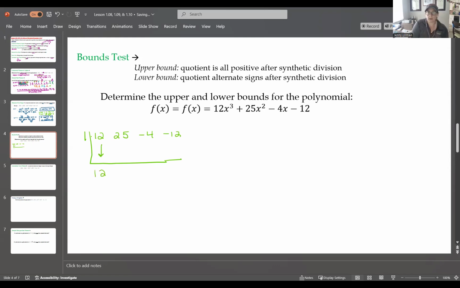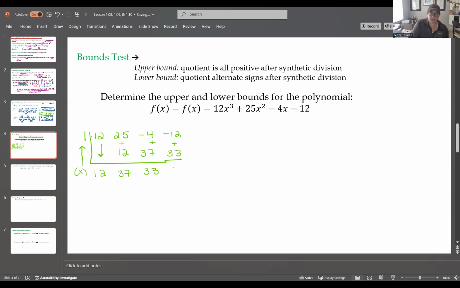So I bring down 12. Remember, for synthetic division, anything in the bottom gets multiplied with 1. So 12 times 1 is 12, and then we add up. This gives me 37. 37 times 1 is 37. Add that up, I get 33. 33 times 1 is 33.